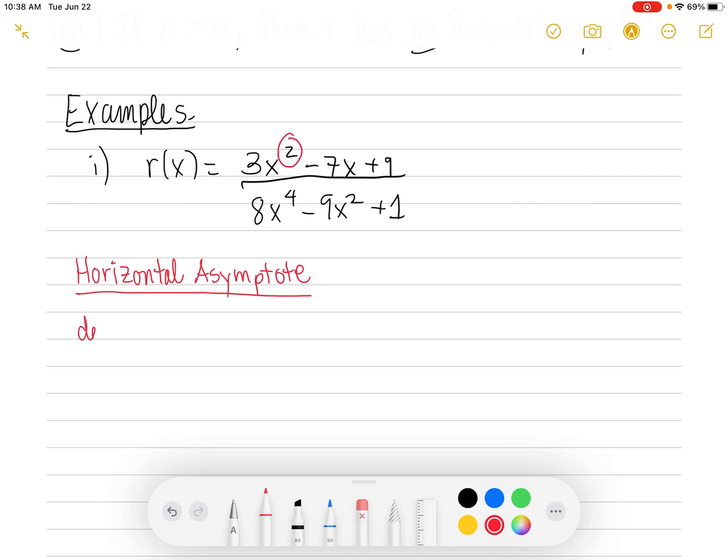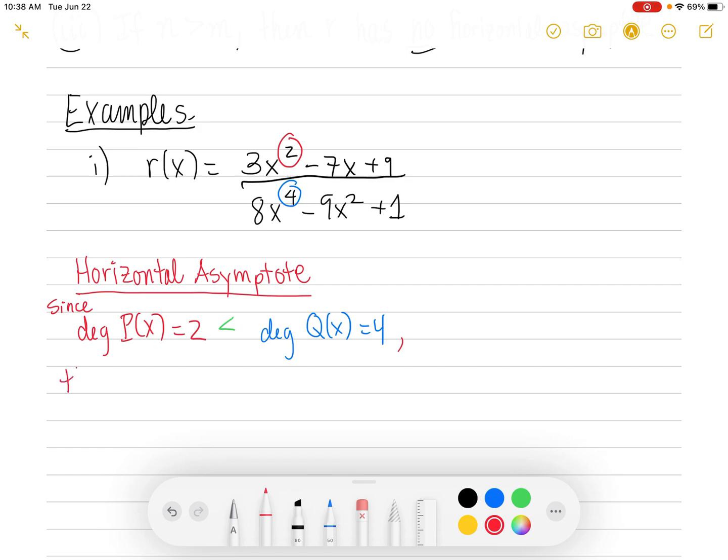Now there are other weird functions out there that could have more than one horizontal asymptote. With rational functions, you'll just have one. Okay, so basically we're going to look at the degree of the top. I'm going to call the top p of x. That's 2. How does that compare to the degree of the bottom? I'll call that q of x. That's 4. Okay, degree of the top is smaller than the degree of the bottom.